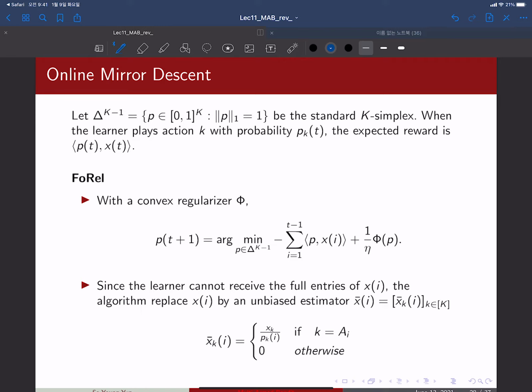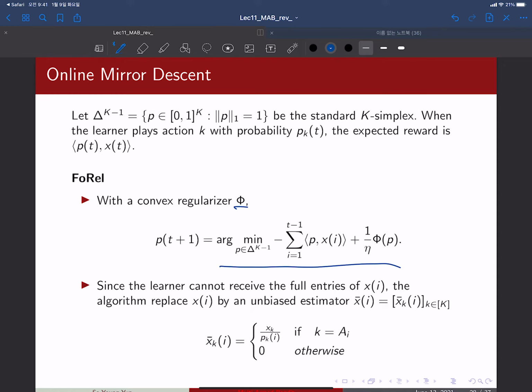Right. In the previous lecture, I explained that the FTRL algorithm can be applied to the bandit problem, and it can achieve very nice results. And EXP3 is one special case of the FTRL approach for the adversarial bandit case. We basically optimize this online convex optimization problem using this convex regularization.